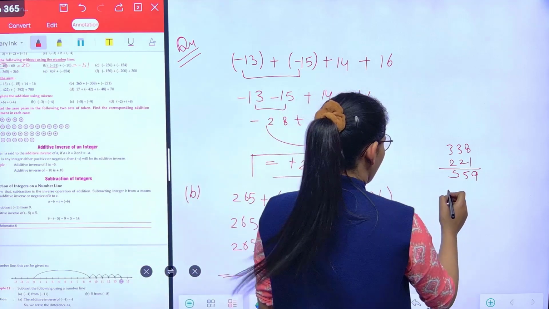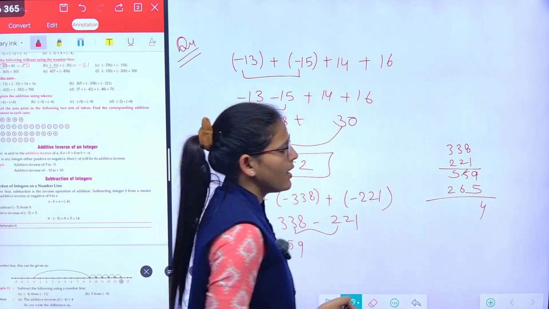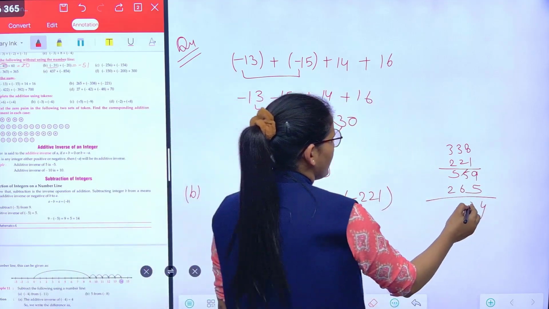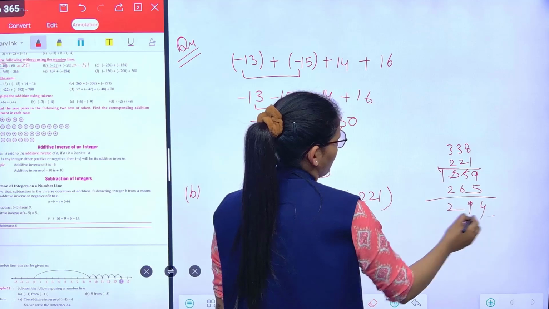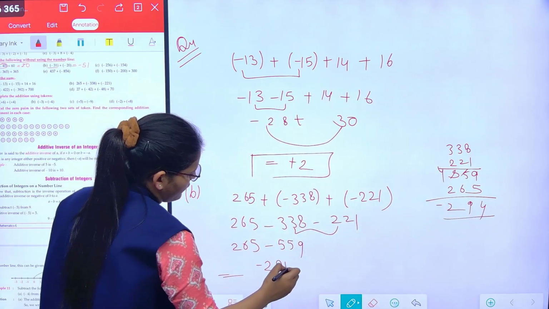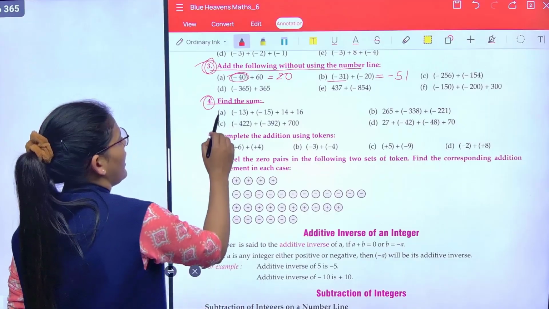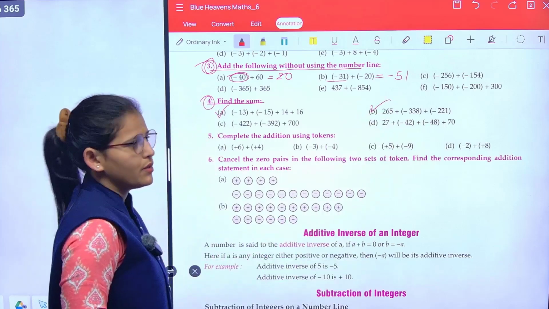Now class, 265 4 13 minus 6 that is 9, that is 2. Now class minus 294 is our answer. Understand? And B part is done. Rest of the parts do yourself.